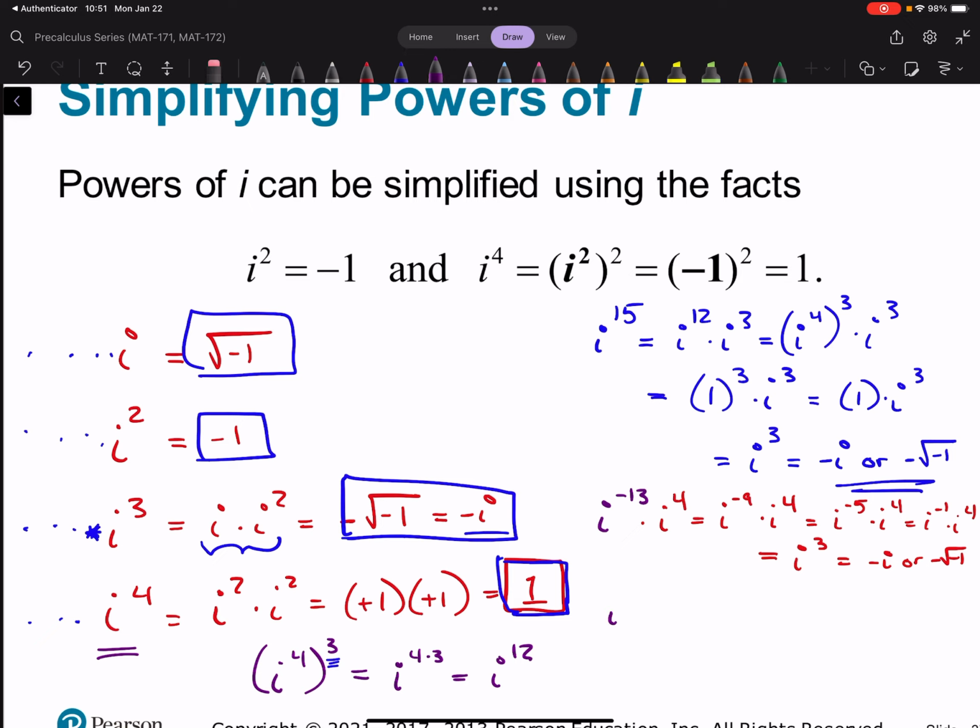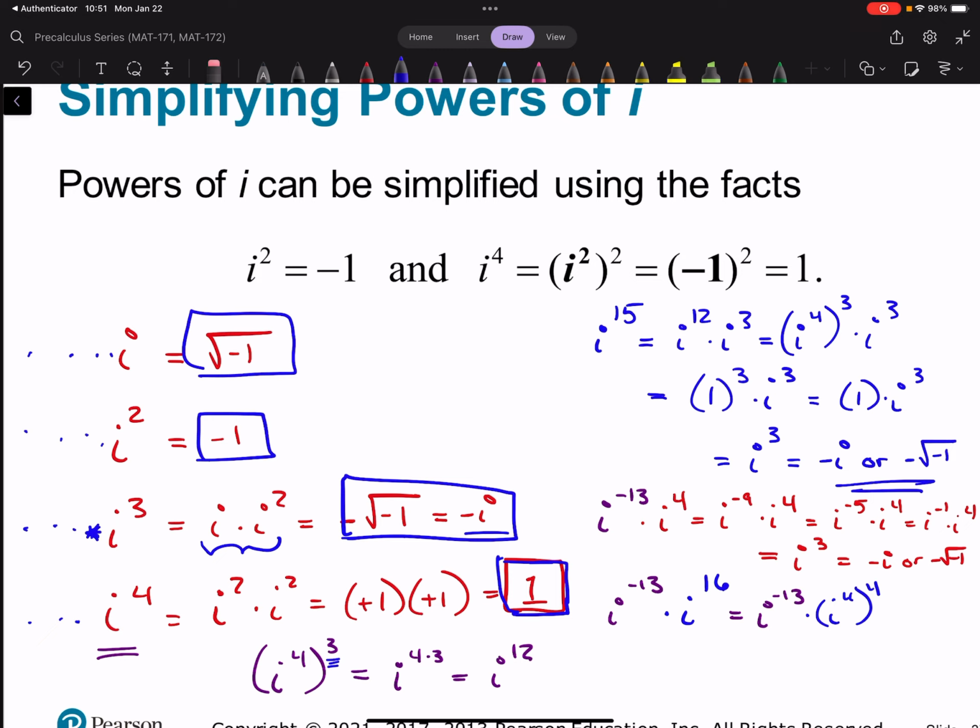So I have i to the negative 13th. If I multiply this by i to the 16th power, and you're wondering why i to the 16th, what this is, is i to the 4th to the 4th. And since i to the 4th is just 1, 1 to the 4th power is also 1.